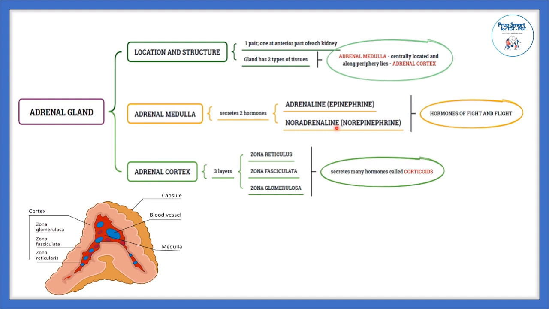These hormones also increase alertness, pupillary dilation, piloerection. Adrenal cortex has three layers as discussed earlier. These three layers secrete many hormones that can be combinedly called corticoids.